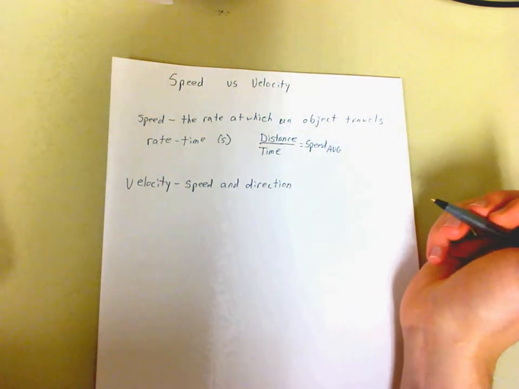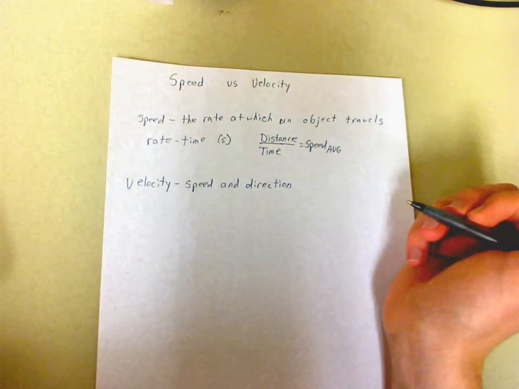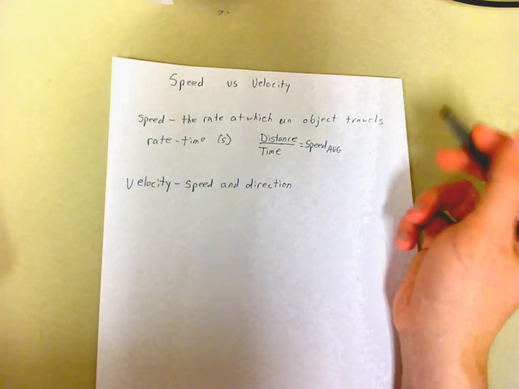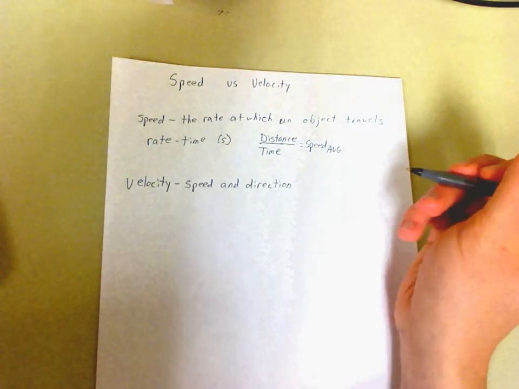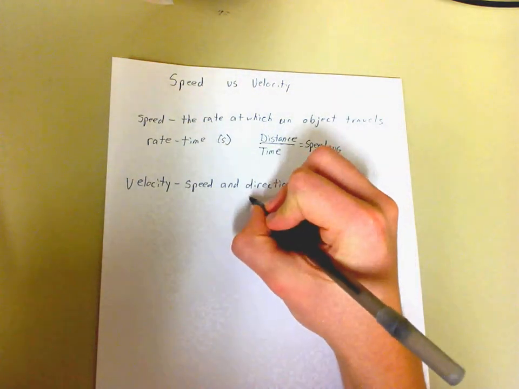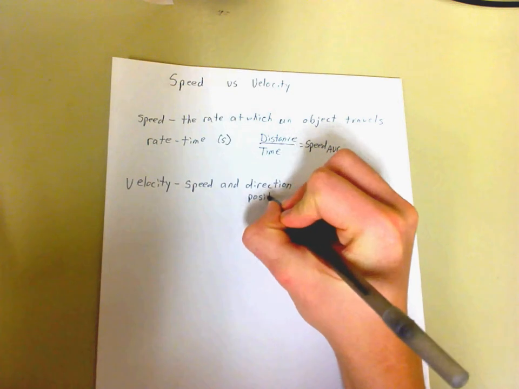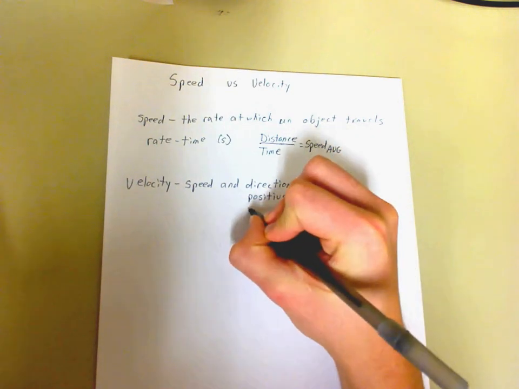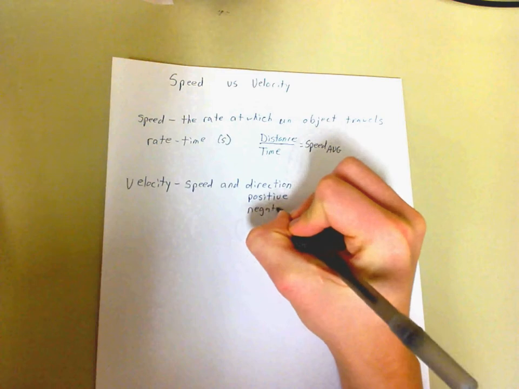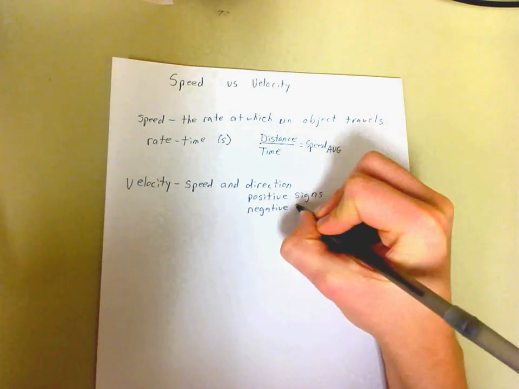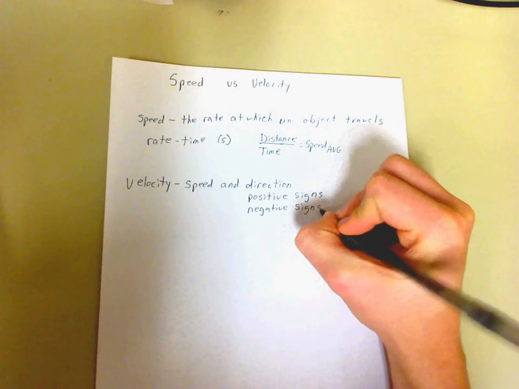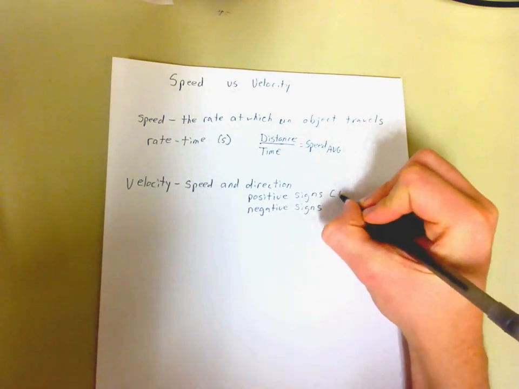Whenever we're talking about velocity, we could also have north, east, south, west. We could have to the left or to the right, or we could have positive signs and negative signs. And this is another way that we can see our velocity, what direction it is going in.